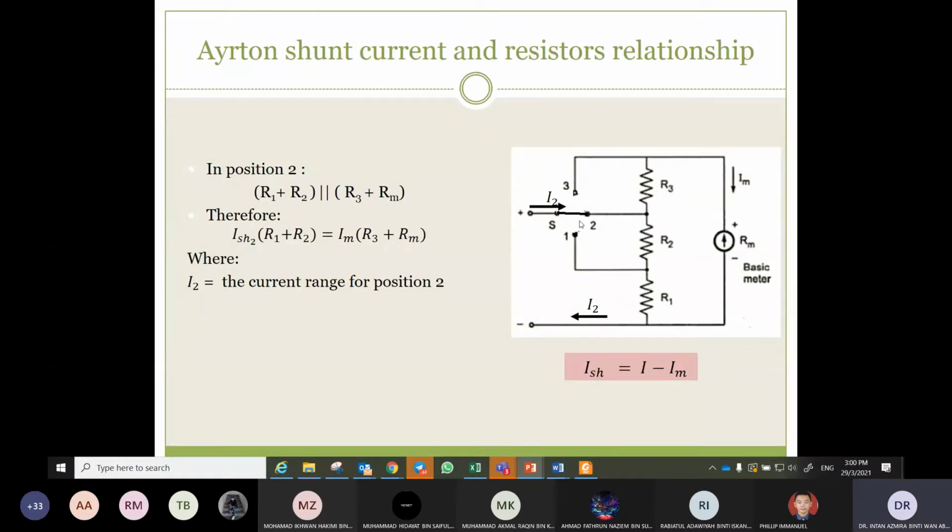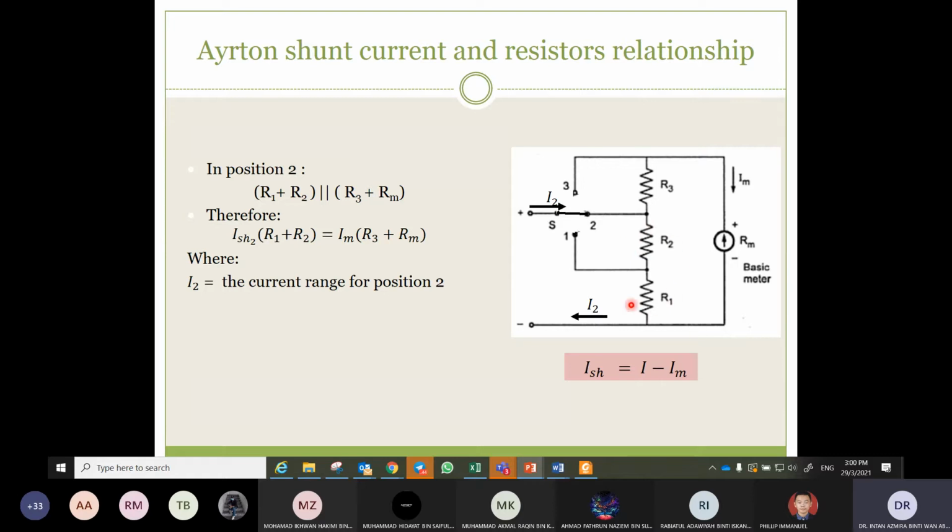This is where the switch is tapped at 2. The voltage drop here is equal to the voltage drop at this path. So now R1 plus R2 is parallel with R3 plus Rm, and the voltage drop here is equal to the voltage drop here.